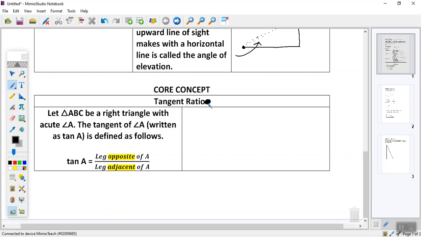It's a right triangle. So let's draw in a right triangle. There's my right triangle, and I'm going to label this A, B, and C, just like this.